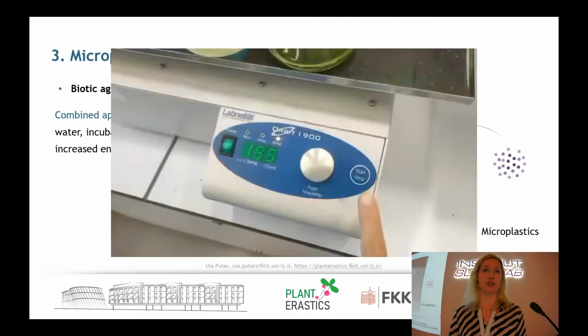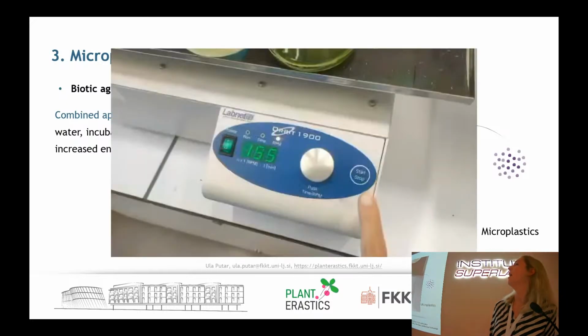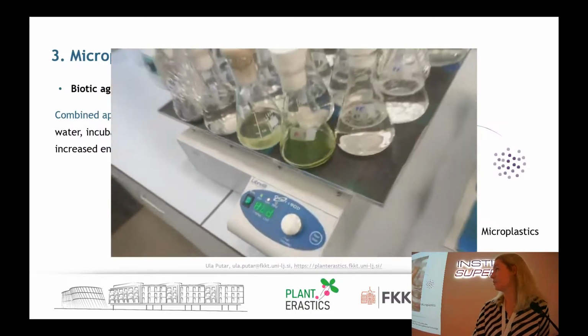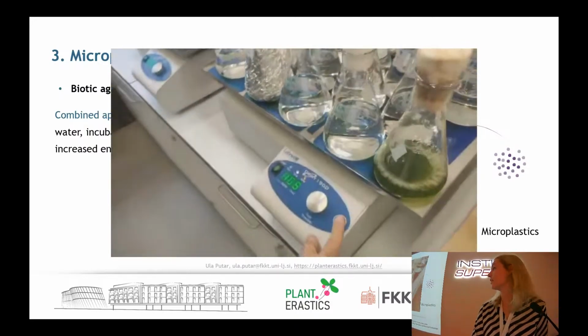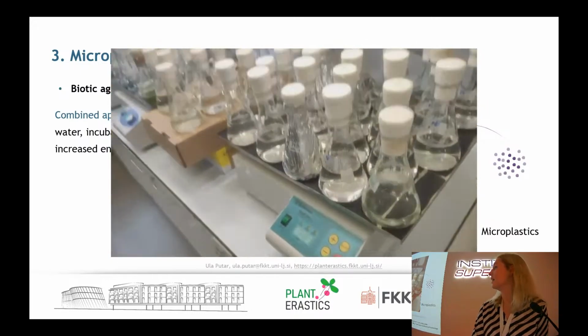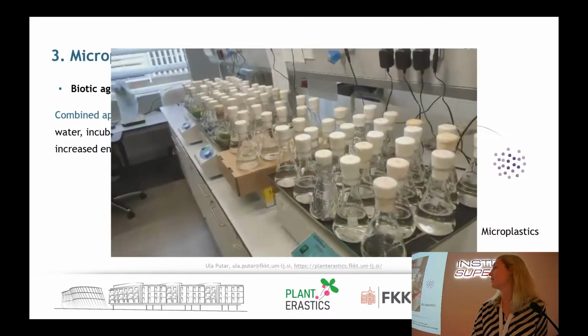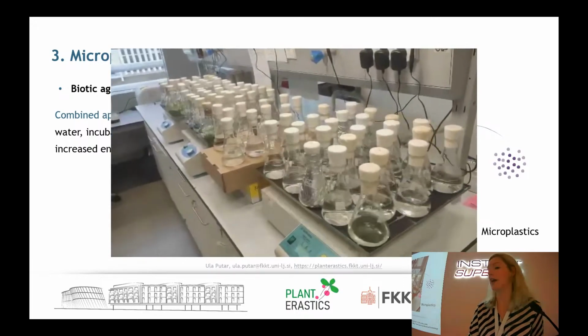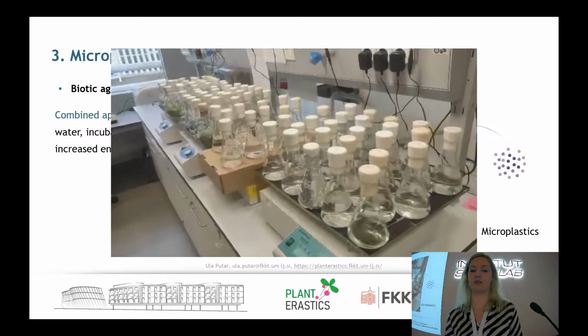And how does this actually look? Something like this. This was one very big aging experiment that we did. As you can see, all the shakers were fully occupied. So we age them for several weeks and then do some additional experiments with the aged particles.